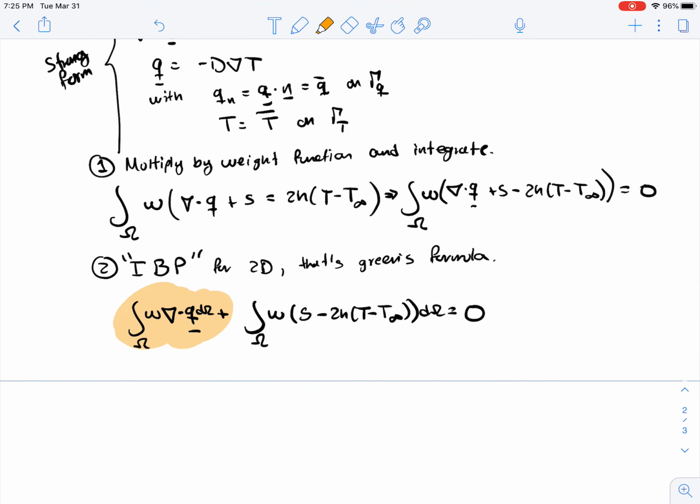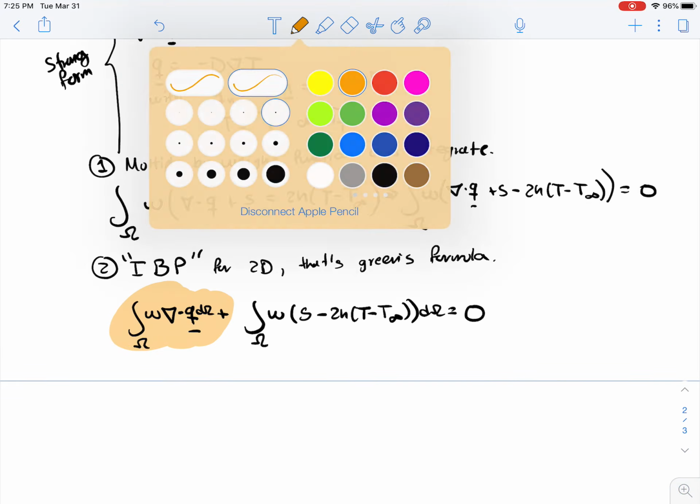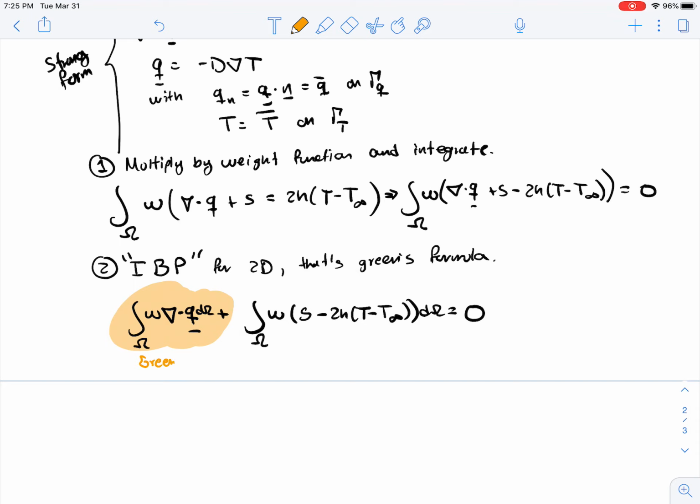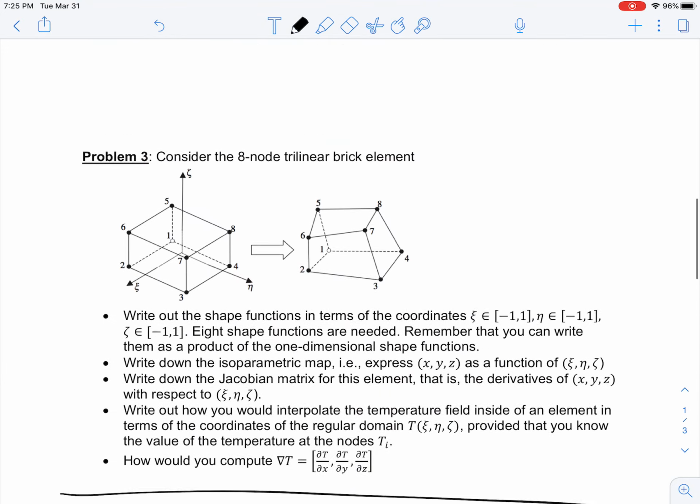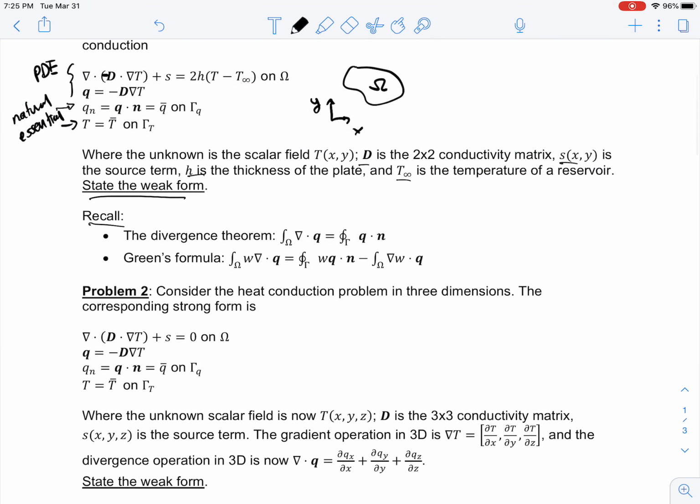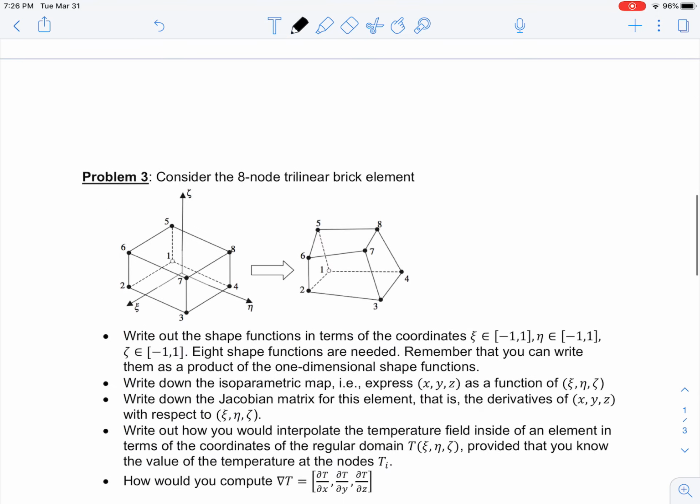And so I need to use Green's formula here. You can go back and see what Green's formula is. Basically, if you have the integral of w times the divergence of some vector field, that is the same as the integral over the boundary of w times the normal component minus the integral of the gradient of the function w times the vector field. So that's really all we need to do.